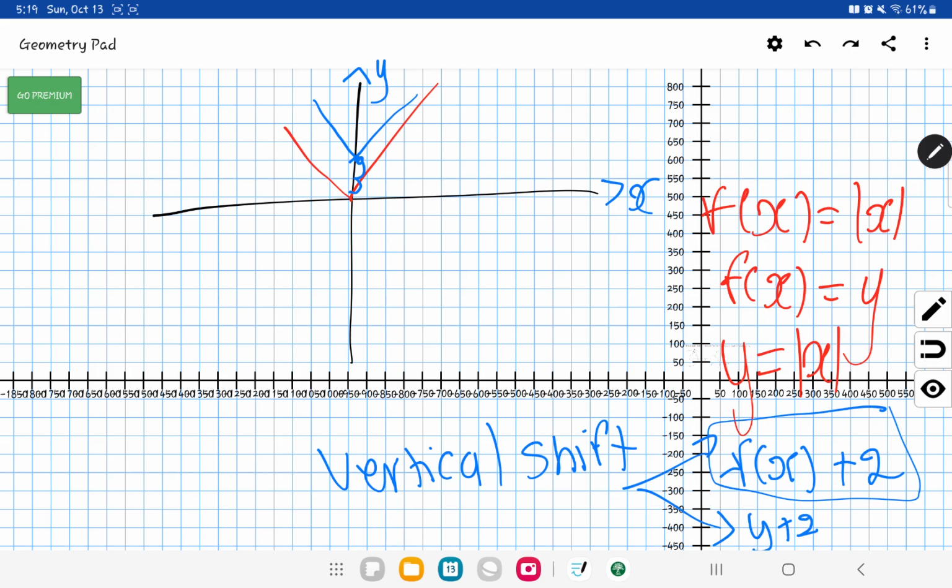But for example, if they told us f(x) minus 3 or y minus 3, we will go down 1, 2, 3 here, and then the graph is the same, but it went down vertically. If you see it like this, it goes down vertically or it goes up vertically along the y-axis. So this is for vertical shifting.